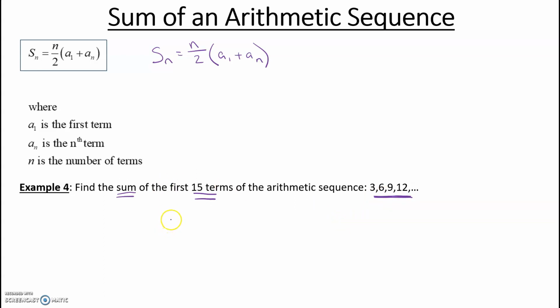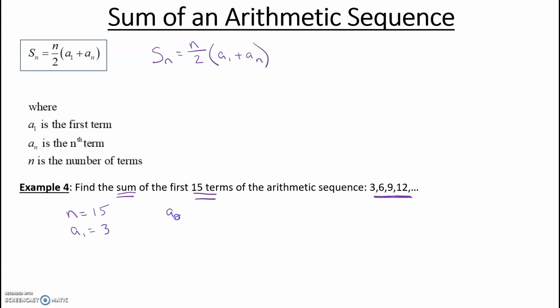So let's find it. We need n. We know n is 15 because there's going to be 15 terms. First 15 terms. We know a sub 1 is my first term, which is 3. A sub n, we need a sub 15.